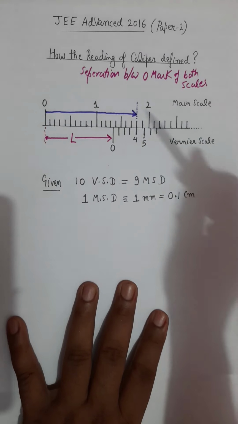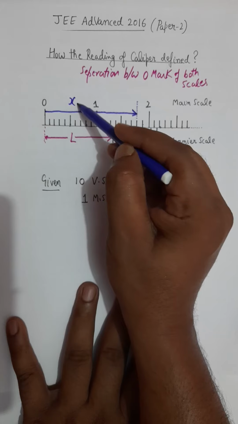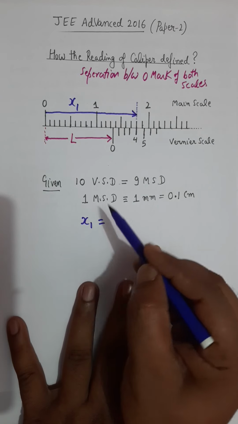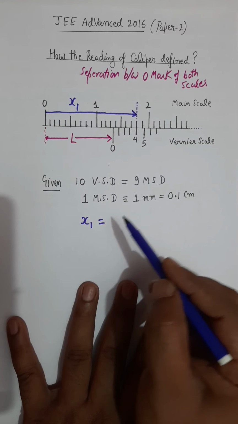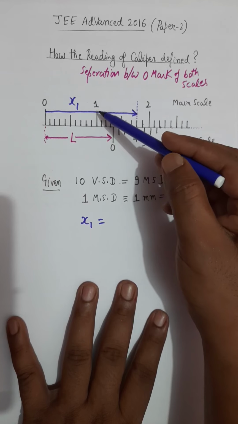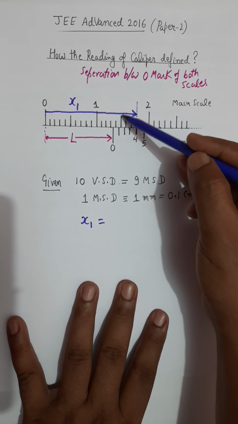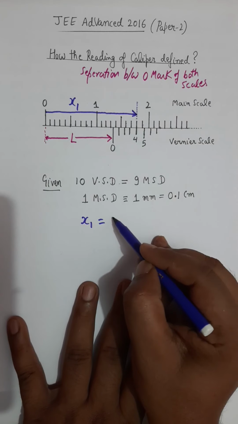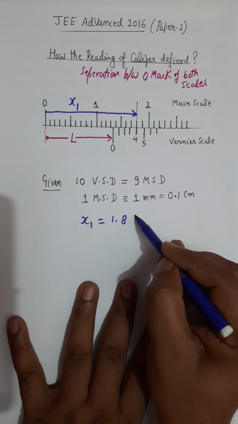I will denote it x1, and it's very easy to find the value of x1 because it is on the main scale. It is 1, 1.5, and then 1, 2, 3, so it is nothing but 1.8 centimeter on the main scale.